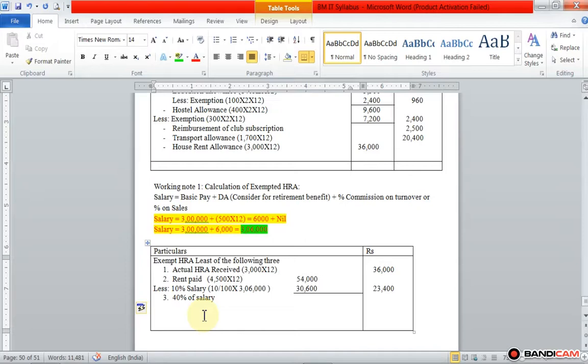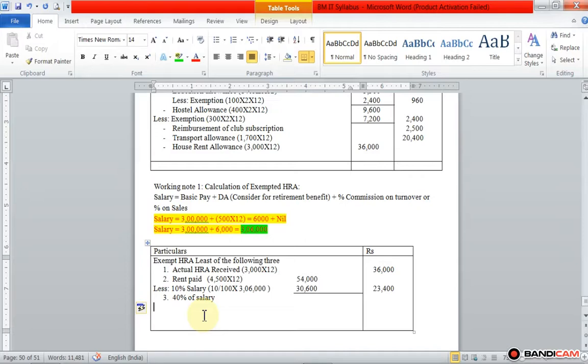If the employee works in Pune, Hyderabad, Satara, Kolhapur, Sangli, or any other small city, we compute HRA at 40% of salary.